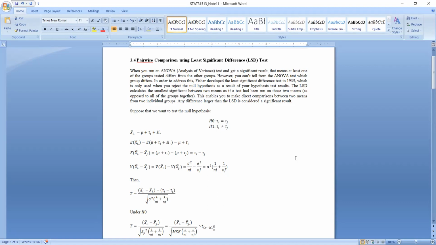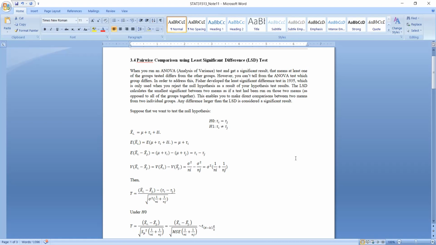In this case, when you're writing the hypothesis, in Duncan's test we use the treatment mean to write down the hypothesis. But here we are using the treatment effect to write down the hypothesis.